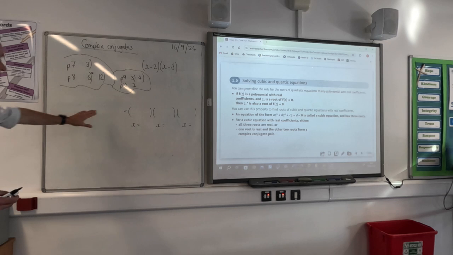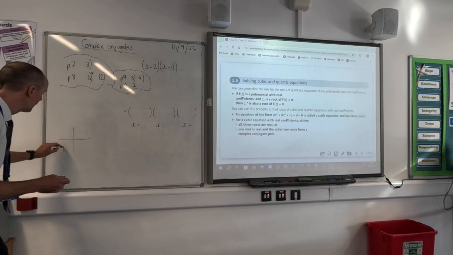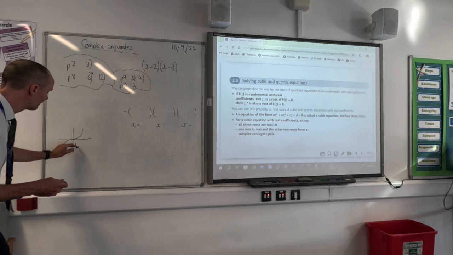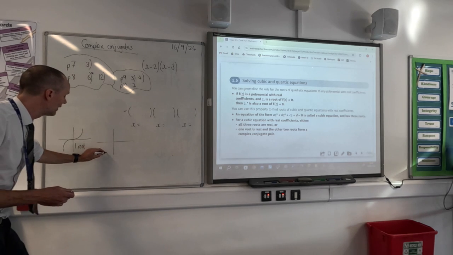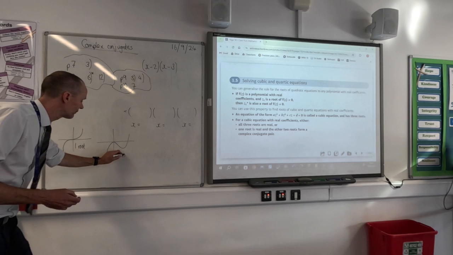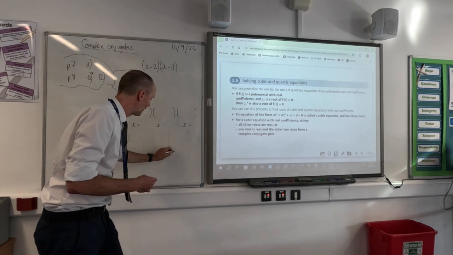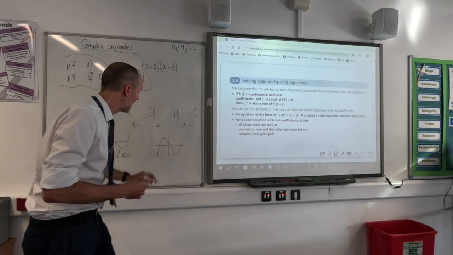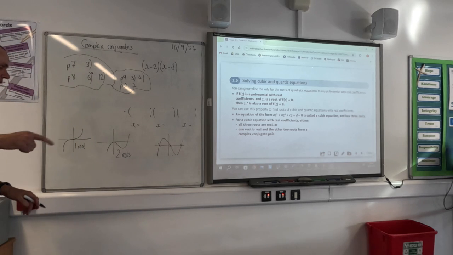That is provided that the equation has three roots. So you've got cubics which only have one root. You've got cubics which have two roots. But the vast majority of x cubed expressions have three roots, three places where they equal 0.